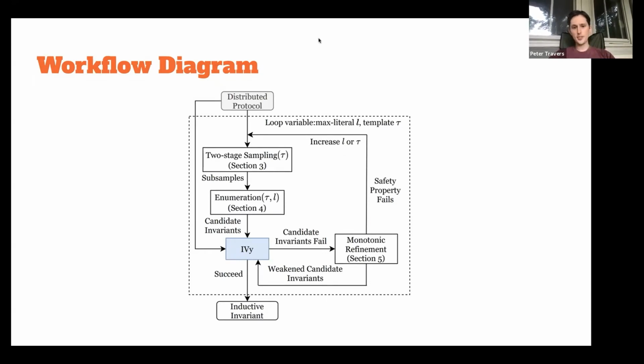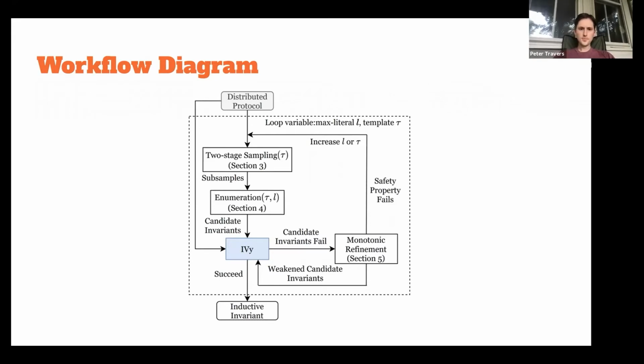The whole system takes as input a distributed protocol. It does this two-stage sampling step. Then it provides a set of subsamples from that sampling to the enumeration stage. And what the enumeration stage does is it finds a set of invariants that you want to check in Ivy.